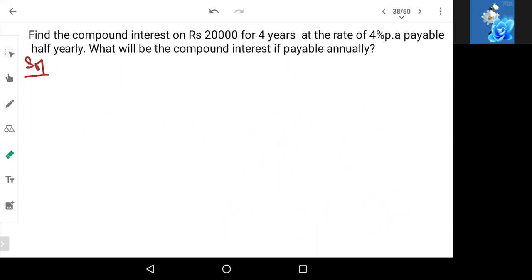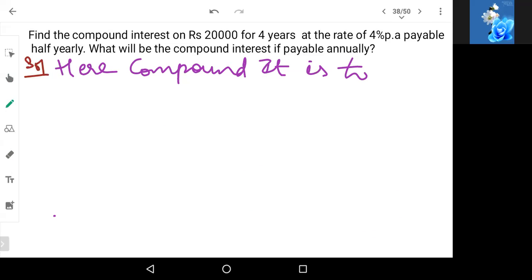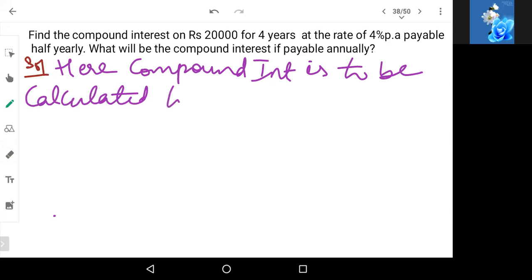So first write down here, compound interest is to be calculated half yearly.